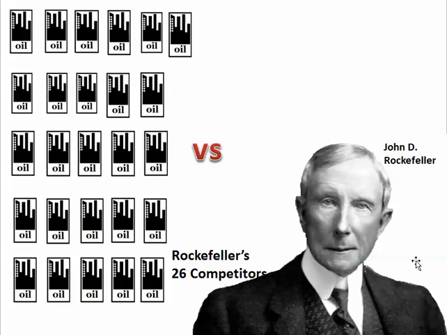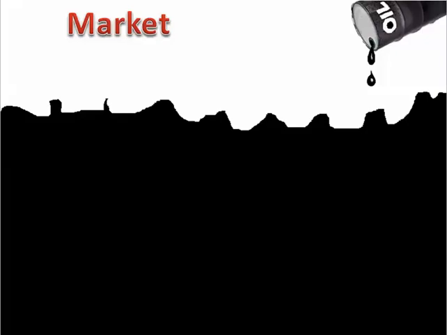John D. Rockefeller had a problem with competitors because he knew the laws of supply and demand, and he knew that with too many competitors you saturate the market and put too much surplus into the market by making too much oil.